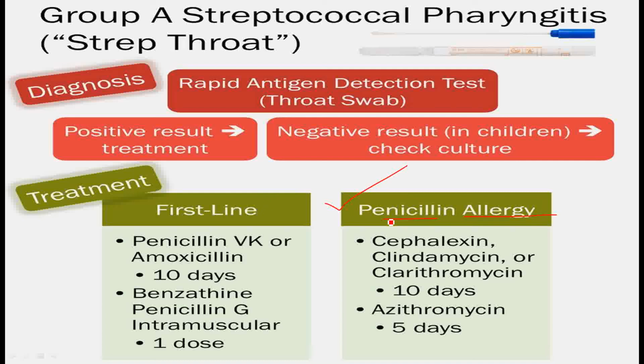For the penicillin allergy, we use cephalexin, clindamycin or clarithromycin, and these are also taken for 10 days. Next one is azithromycin. This is also used in penicillin allergy, and this is taken for 5 days.